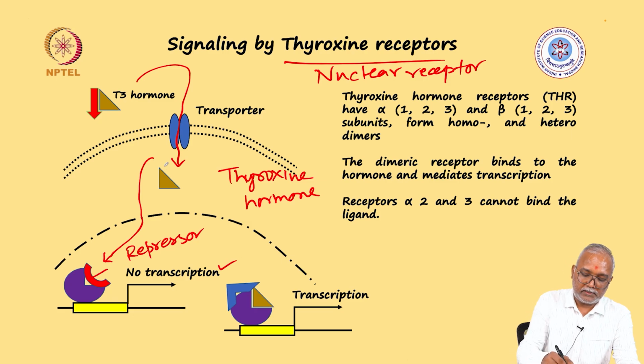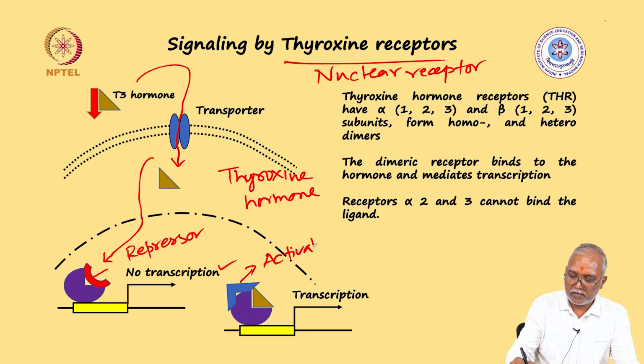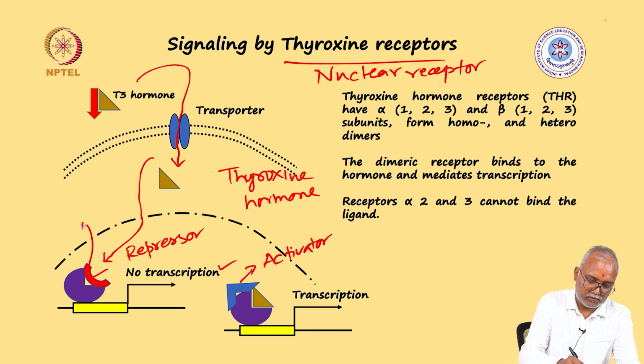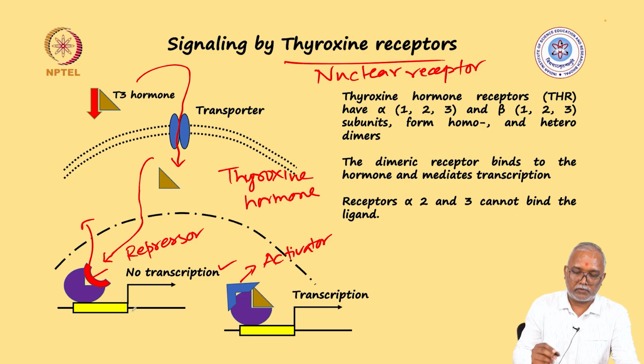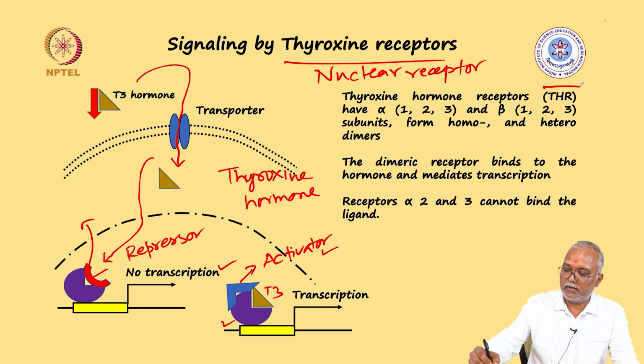But when the T3 comes, it displaces the repressor, binds over there and now puts the activator. This is your repressor, as I told you. So this complex is unable to do the transcription, but this complex of the T3 activator and the T3 hormone receptor, which is called THR, thyroxine hormone receptor, is capable of doing the transcription.